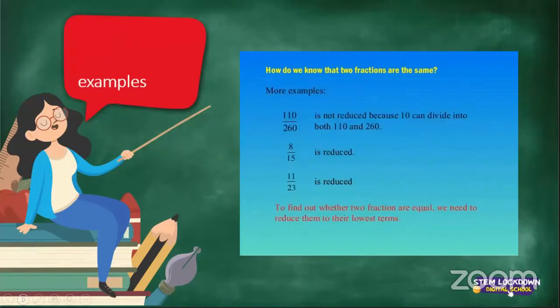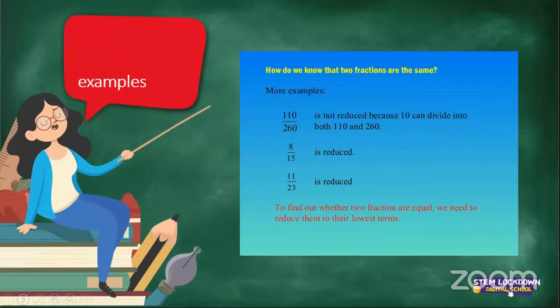There are more examples. We have 110 over 260, which is also not reduced because 10 can divide into both 110 and 260. Now we have 8 over 15, which cannot be reduced, and 11 over 23 is also reduced.